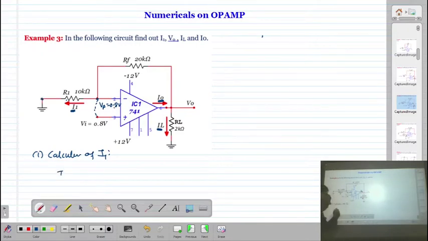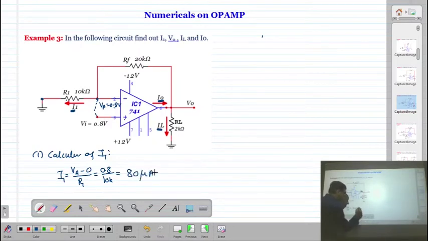So we can write that I1 is equal to (VA minus 0) divided by resistance R1. VA is 0.8 volt divided by R1, which is 10 kilo ohm. Now you can calculate the value of this current, and that will come out to be 80 microampere. Correct?